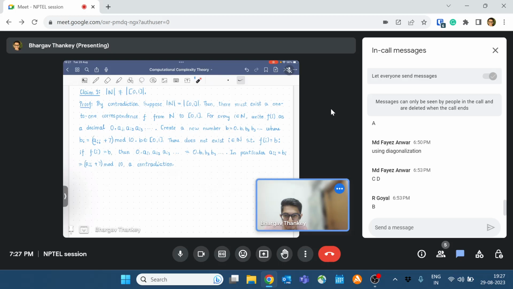Now we want to show that there does not exist any i so that f(i) equals B. By contradiction, if f(i) were B, then f(i)'s decimal expansion and B's decimal expansion must be the same, which means the ith digits after the decimal must also be the same, but this cannot happen.